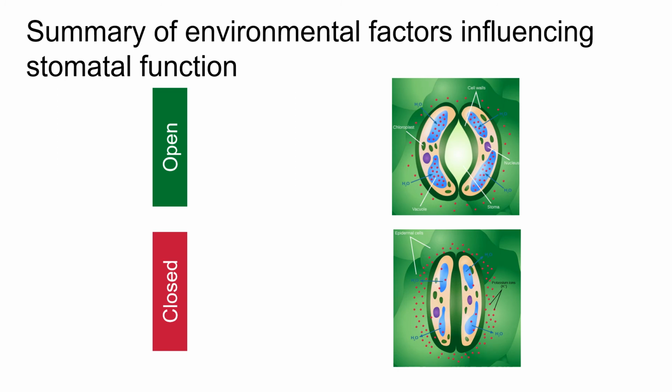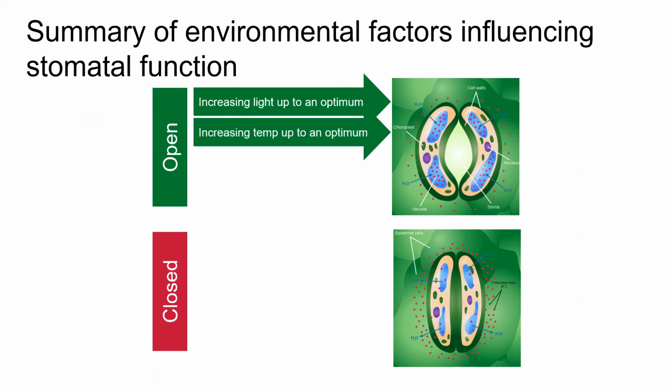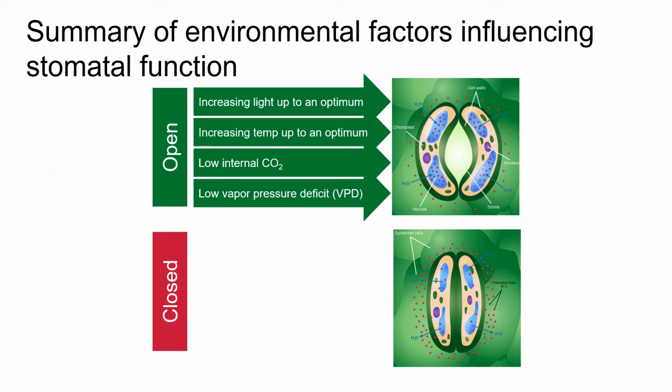So let's summarize what you just learned about stomatal function. As a general rule of thumb for C3 and C4 species, stomatal opening is triggered by increasing light and increasing temperatures up to optimum levels, by low carbon dioxide levels inside the leaf, and by a low vapor pressure deficit.